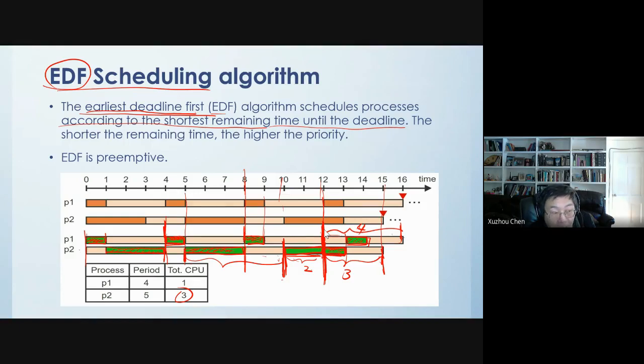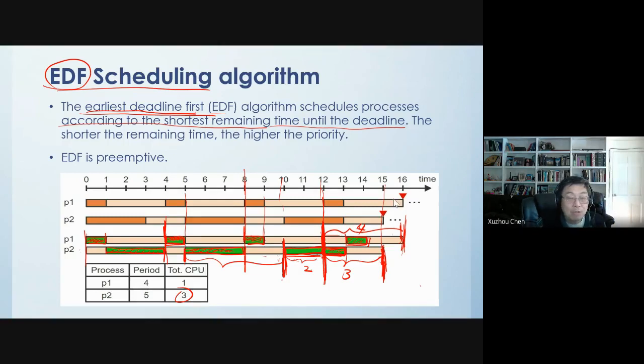That's not the case anymore for EDF. EDF basically says, at any particular time, when both processes are available, I'm going to check who has the earliest deadline. Who is going to end its period first? And process 2 certainly is the case here. So that's called earliest deadline first scheduling.